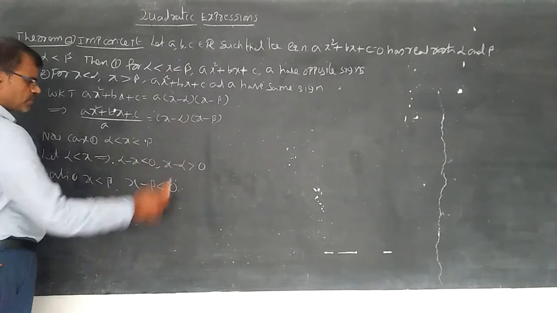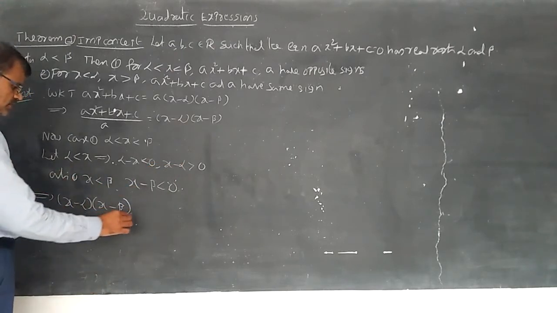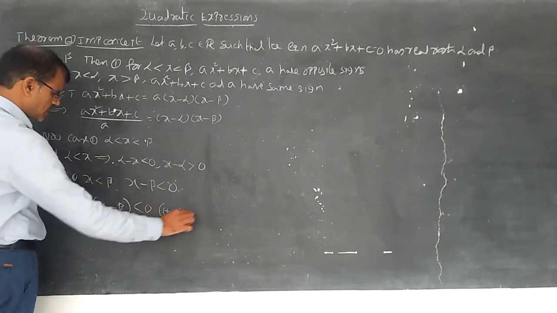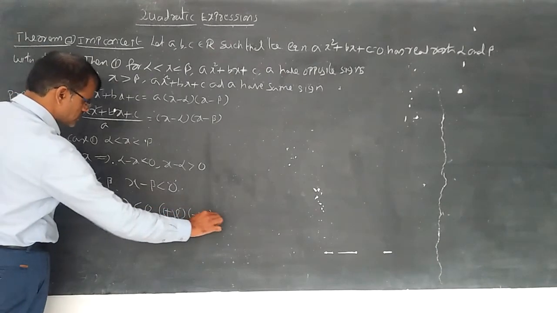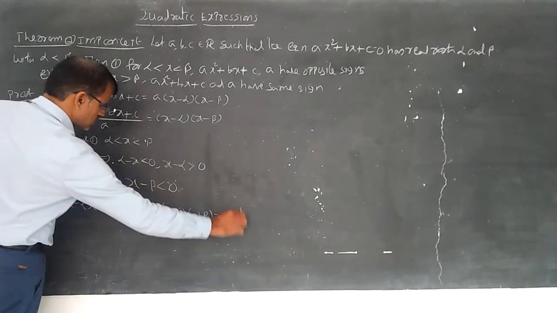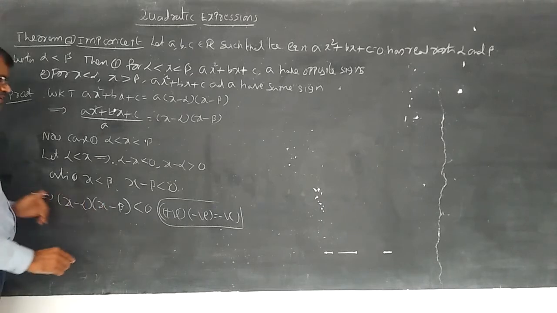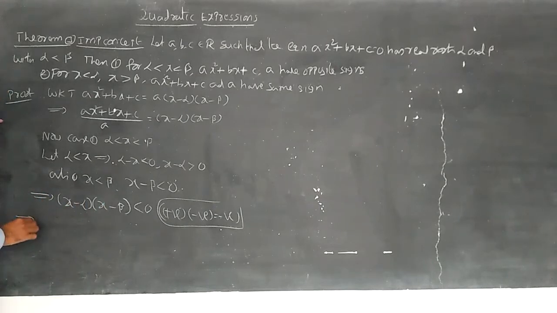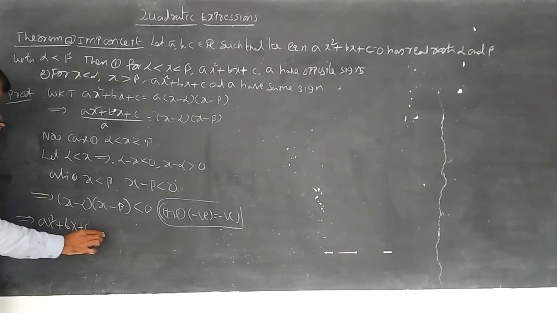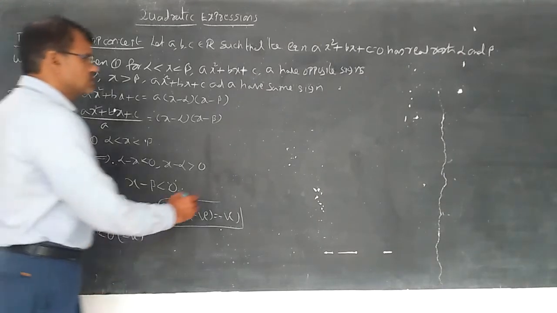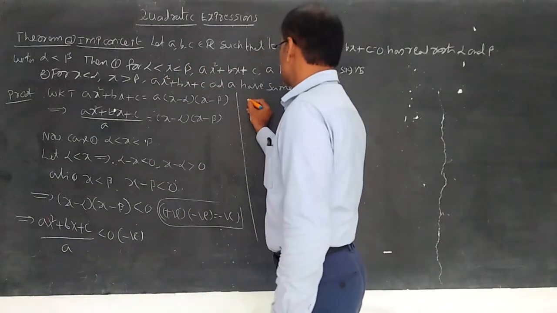X minus alpha became positive and x minus beta became negative. Positive into negative is negative. That concept is used here, so x minus alpha into x minus beta is less than 0. So ax square plus bx plus c by a is less than 0, that is negative.